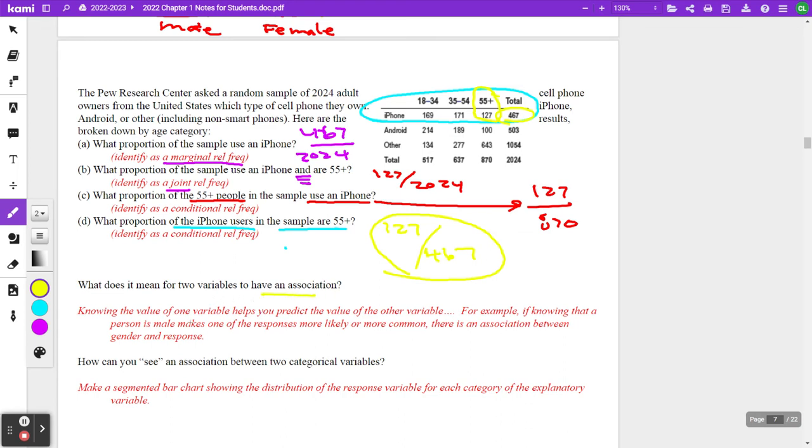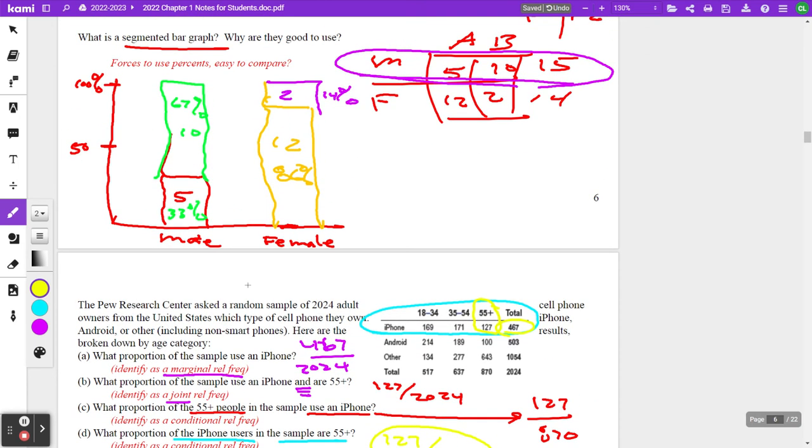So let's go back up here. The question I have is, can you visually see or say, oh, if I know they're a female, I know they have a better chance, or it's more common for them to get A's. If you look at this data, you know that. Let's say this was the average grade for the last 20 years in, I don't know, let's say Mr. Lamb's weight training class.